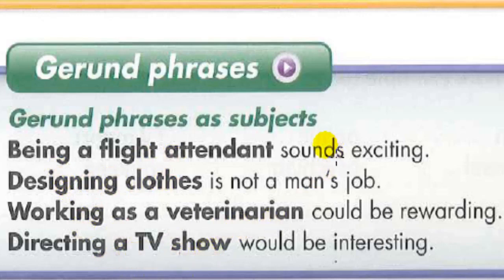Then we have the verb, like verb to be: is, sounds, could be, must be, would be, plus object or adjective. Adjective: exciting, interesting, rewarding, interesting, or object: man's job. So I have subject, verb, object. British object, American object. Designing clothes is not a man's job.